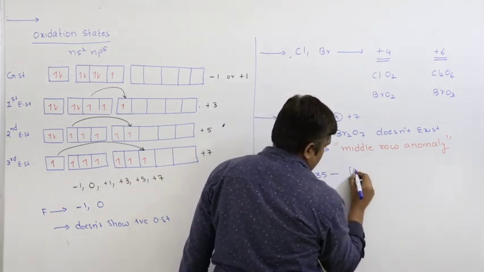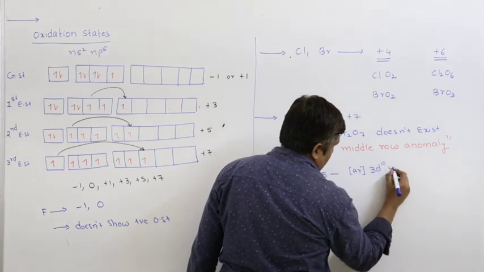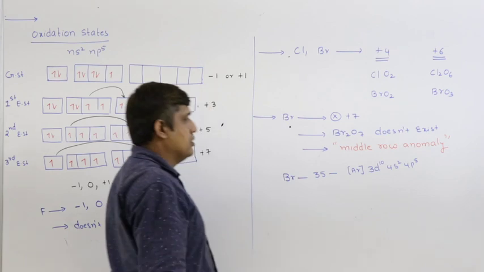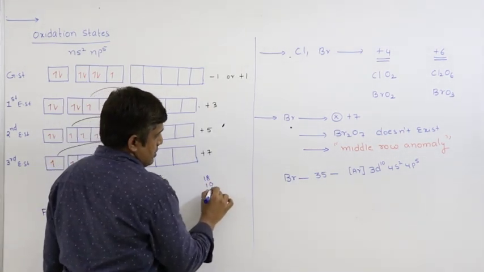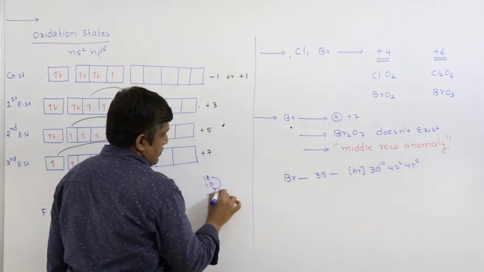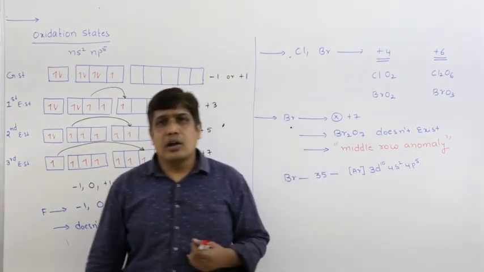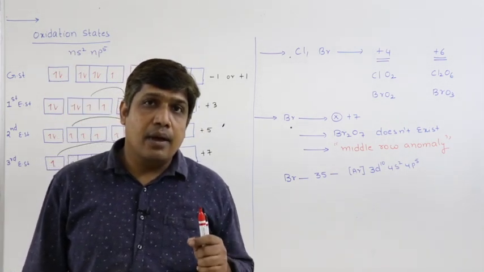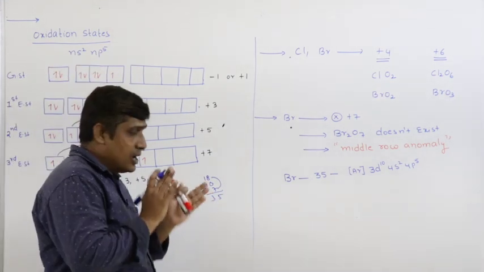This middle row anomaly is associated with the element present in the middle where 3d electrons begin, where 3d electrons are present.